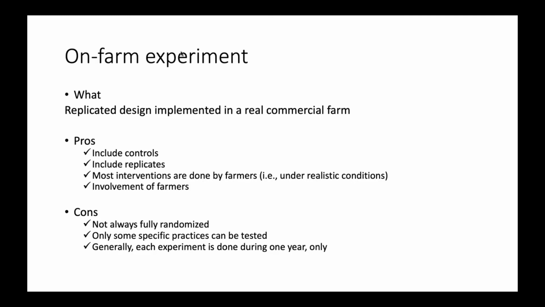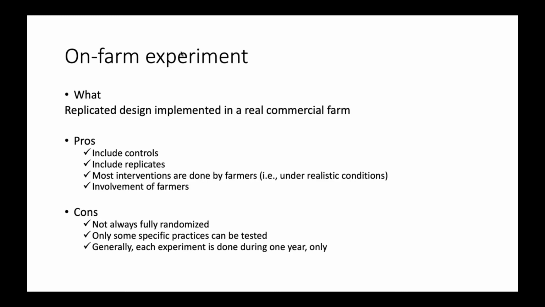So an on-farm experiment is different from an experimental farm. Here, the data are really collected in actual commercial farms. So an on-farm experiment is typically based on replicated designs, but here usually it's done only on 1 year, sometimes 2, but not much more.